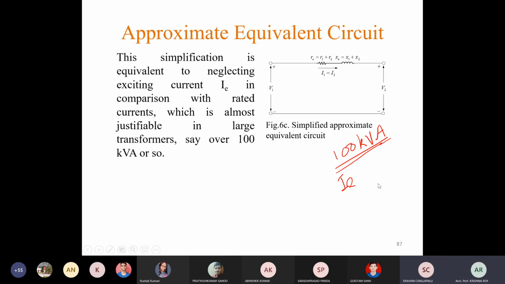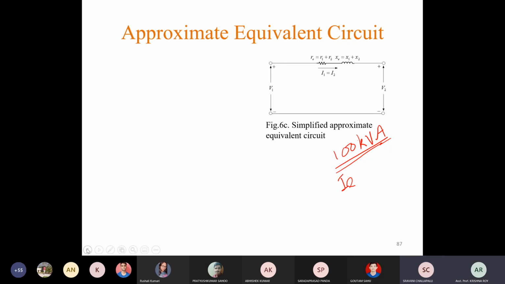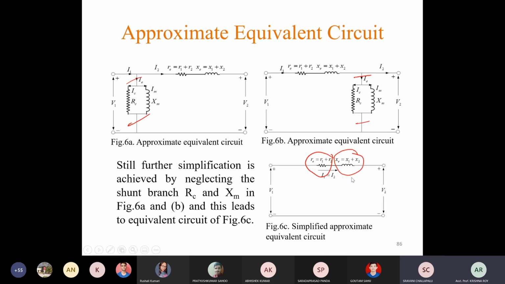So we cannot neglect IE, and we have to use the exact equivalent circuit or the simplified version which we have achieved by including or excluding the primary leakage impedance drop and secondary leakage impedance drop due to exciting current.